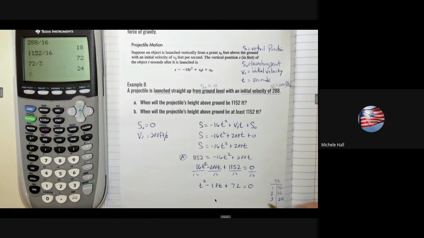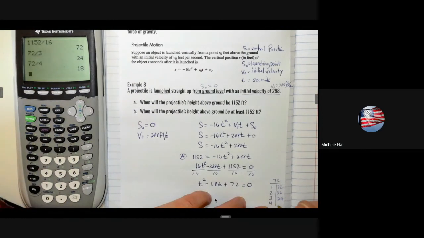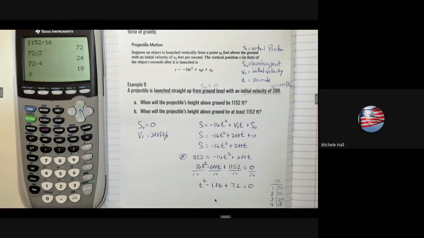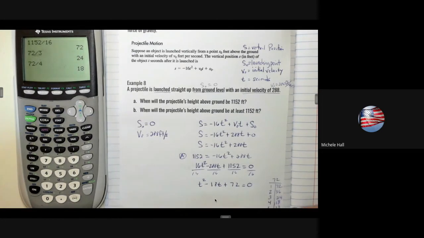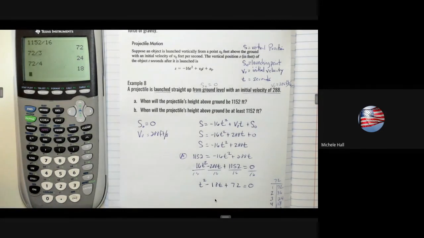Adding to 18, we're getting there. 72 divided by 4, 4 and 18. 5, 6 works. 6 and 12 is 18. 8 and 9 also equals 17.